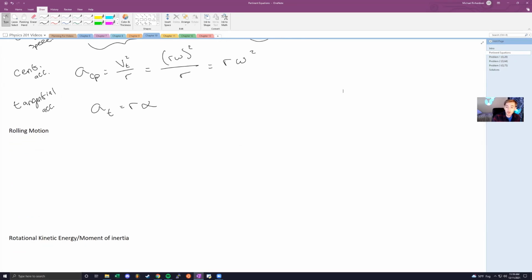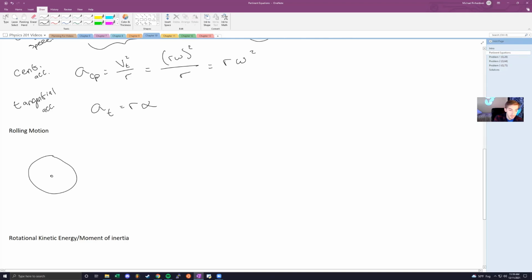Next, I want to touch on rolling motion. In rolling motion, there are really a few examples that we can have without starting to get redundant.